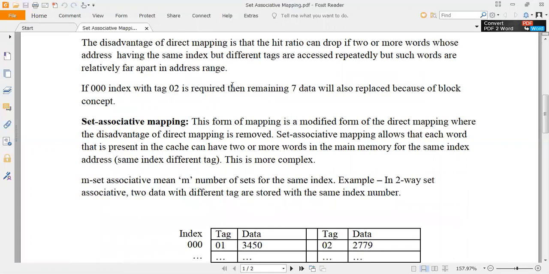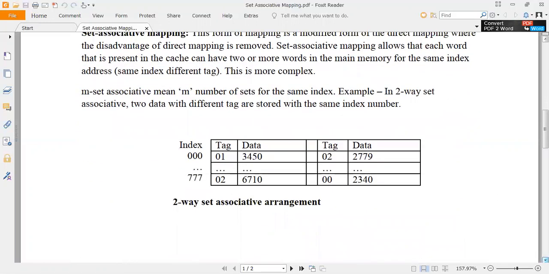But such words are generally relatively far apart in the address range. If you store those addresses in the address space, you will see that this type of scenario is very rare, as the words are far apart in memory addressing. To address this disadvantage, set associative mapping is introduced.